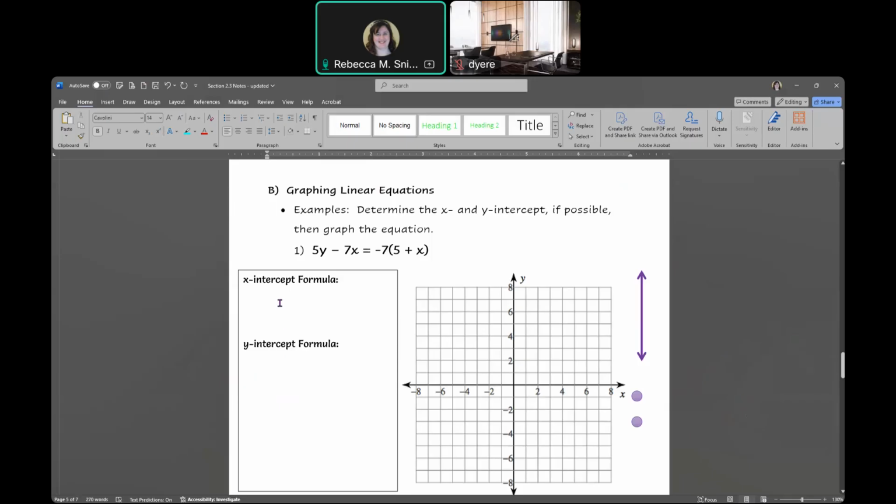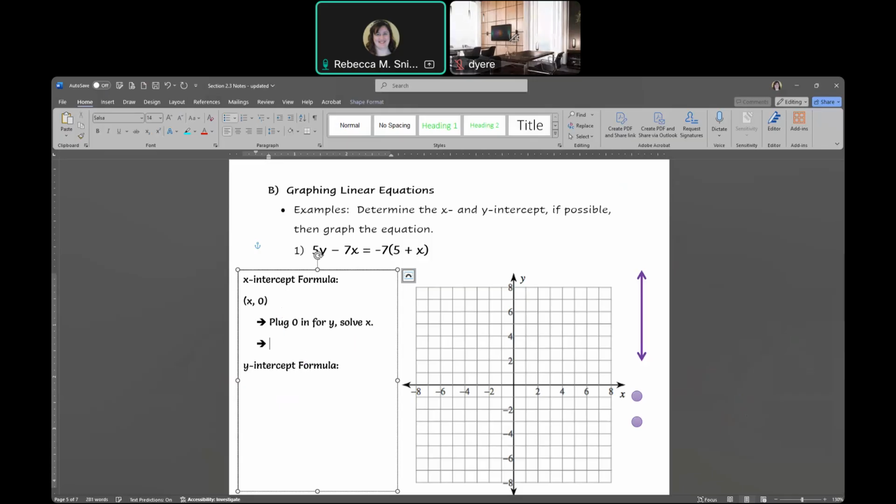Your x-intercept itself has a formula, and that formula says that you would have x comma 0. What this essentially means is that you are going to plug 0 in for y, and you are going to solve for the x term.